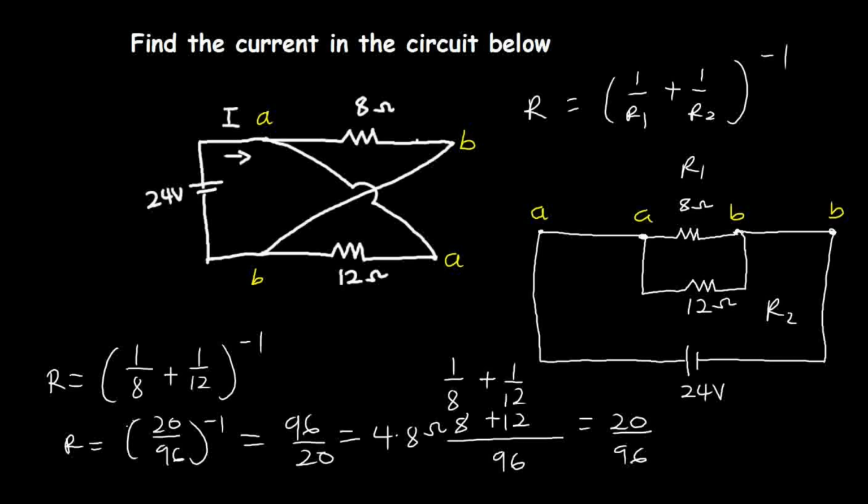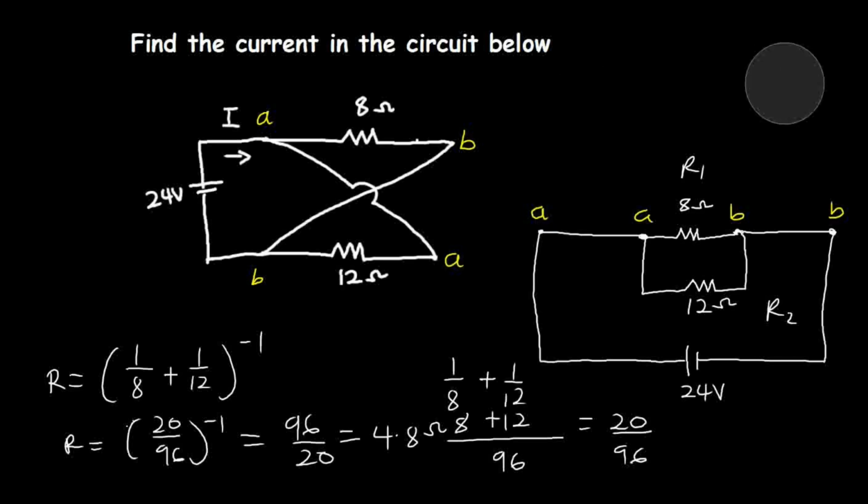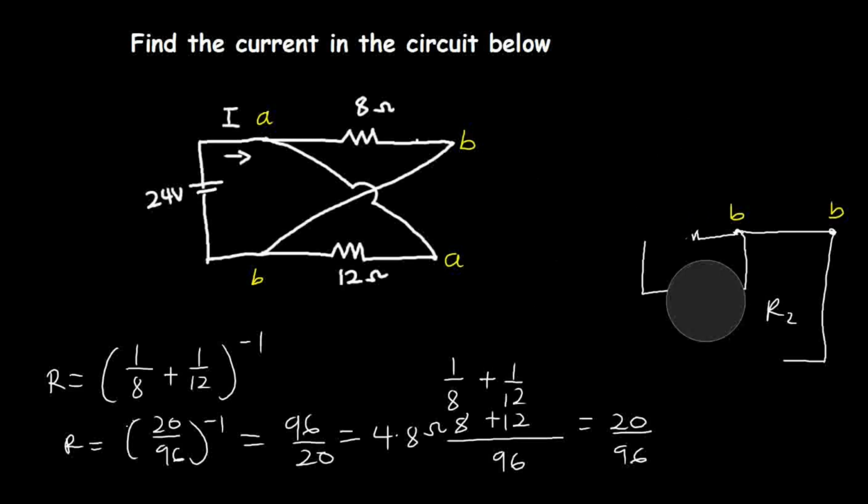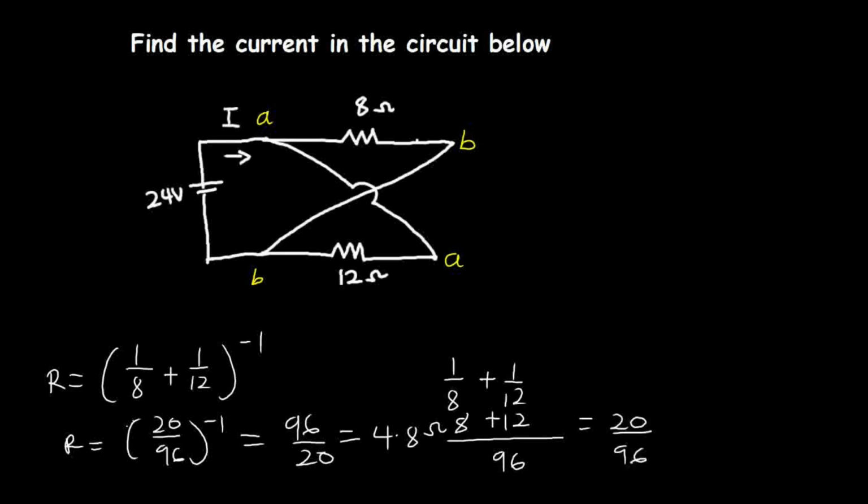Now that we know the effective resistance, we can calculate the current in the circuit. From Ohm's law, we know that voltage equals current times resistance. We want to find the value of this current, so I'm going to divide both sides by the resistance, and then it cancels out.